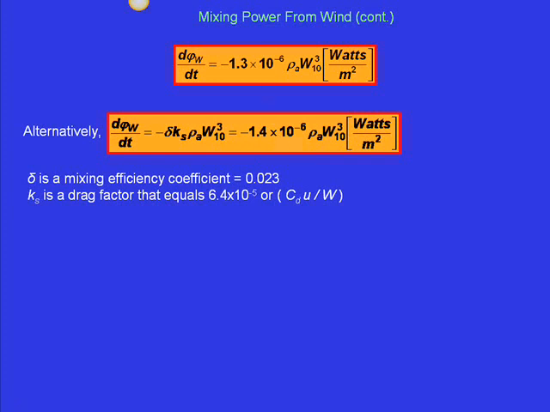So you can use whichever you feel more attracted to when you represent the effects of wind forcing on mixing the water column.